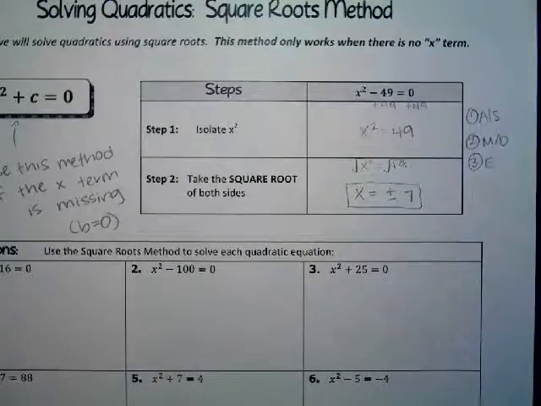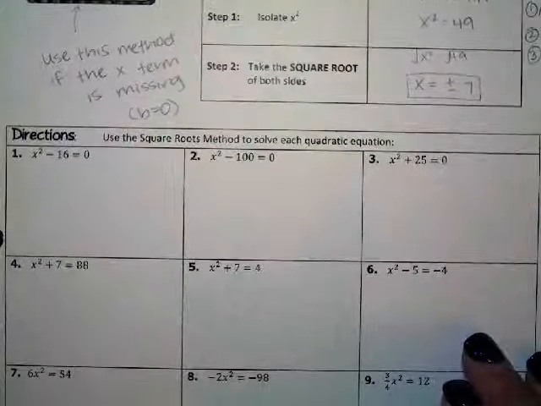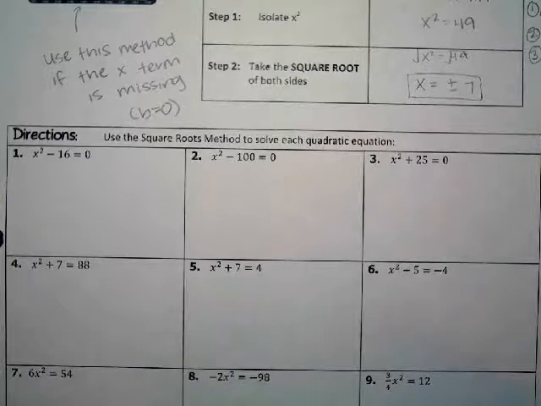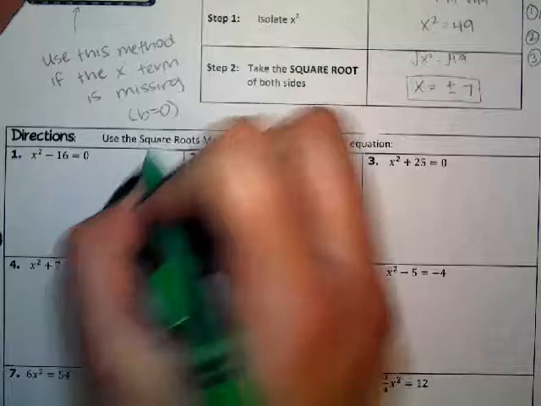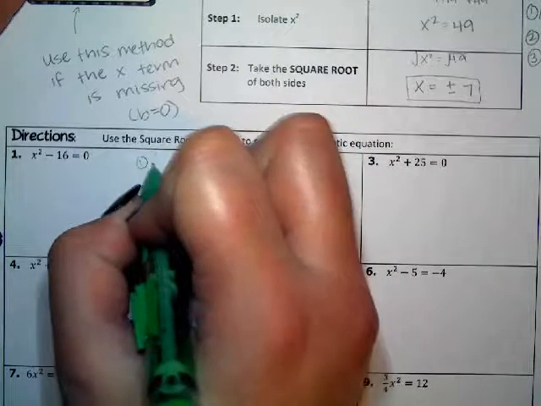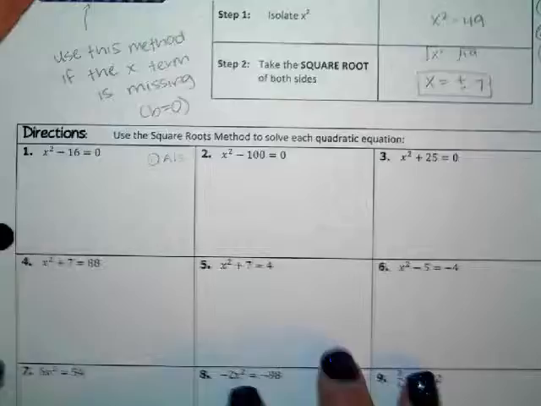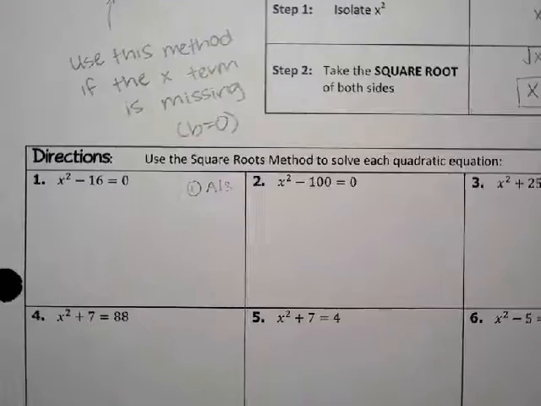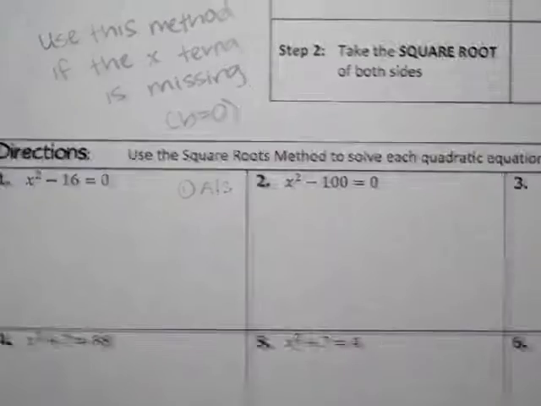Let's go ahead and solve some of these, shall we? All right. Here we go. Let's do number 1. First step. Can you add something to the other side to start getting x alone? Yes, what can you do? Add 16. You can add the 16.